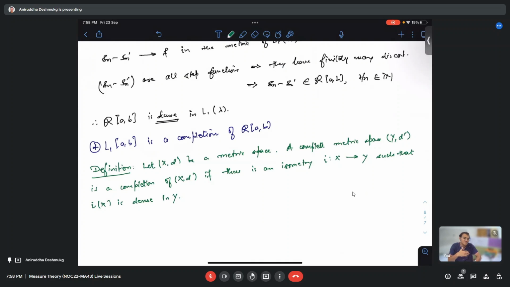So we really don't want to go that big. We want to stay as close to the given set X as possible, which is why we say that the completion of a metric space is the smallest complete metric space, in the sense that once we complete X, X becomes dense in Y.